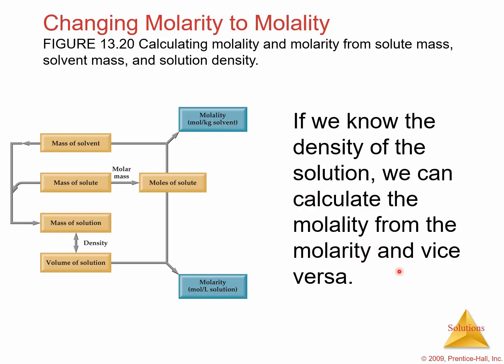and vice versa. Let's look at this sample exercise. Calculation of molality using the density of a solution. A solution with a density 0.876 gram per ml contains 5 gram of toluene and 225 gram of benzene.